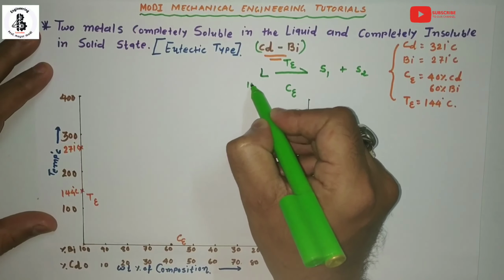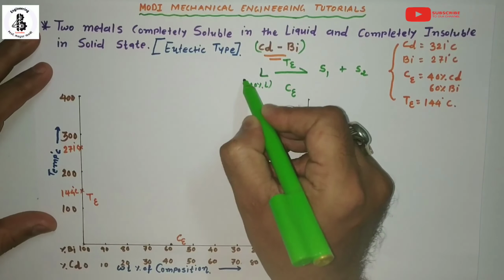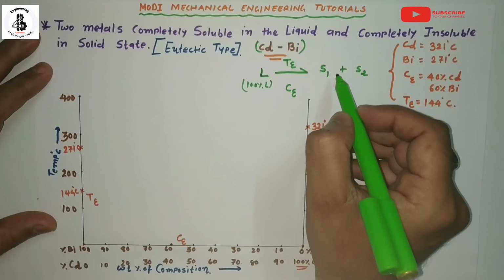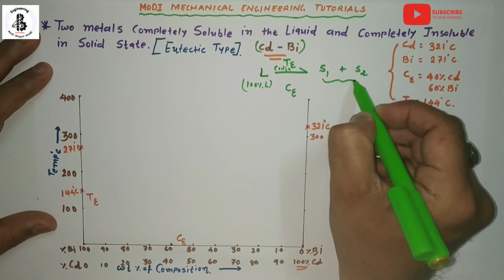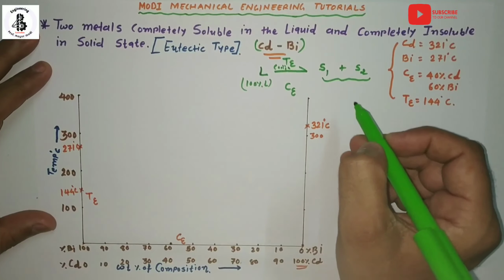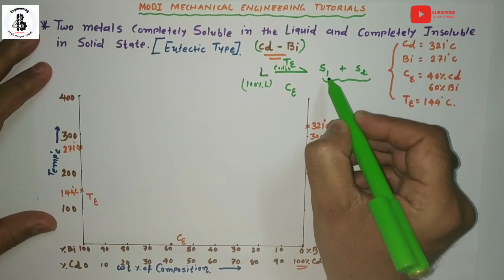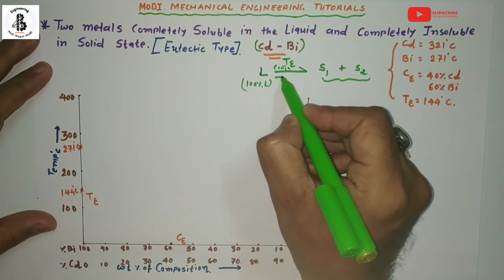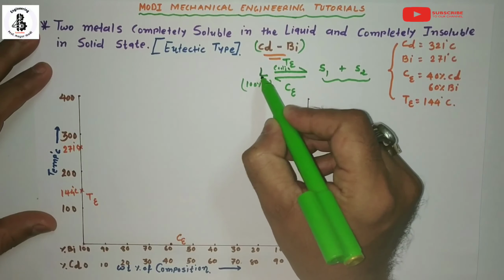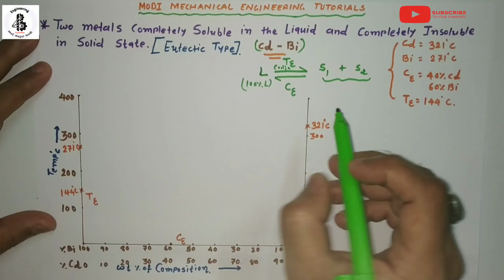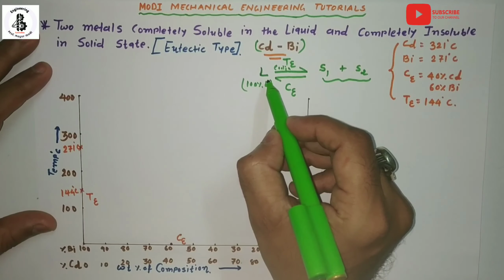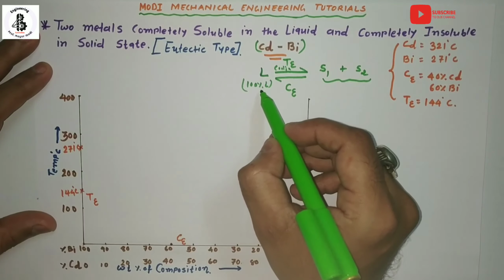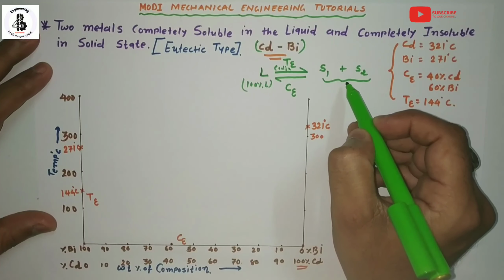So this 100% liquid will solidify under cooling into two different solids. In the reverse case, if you heat these two solids, once again they will convert into liquid. So this is the eutectic condition: a single phase of liquid transforming into two different solids.